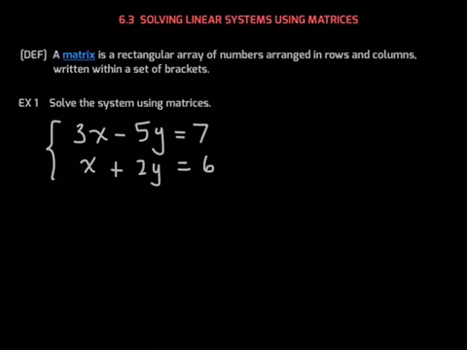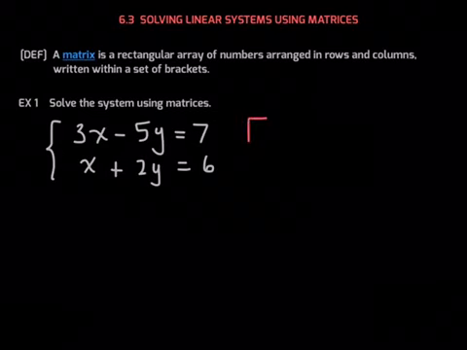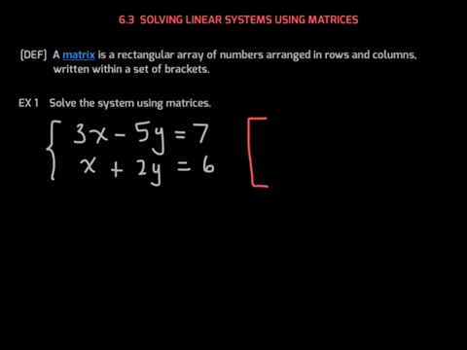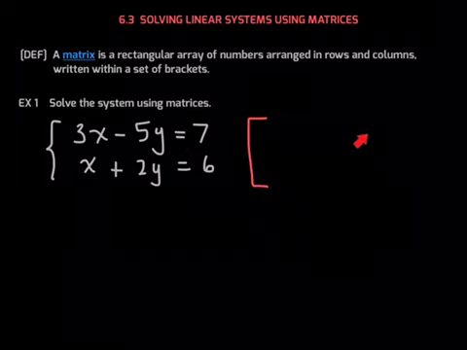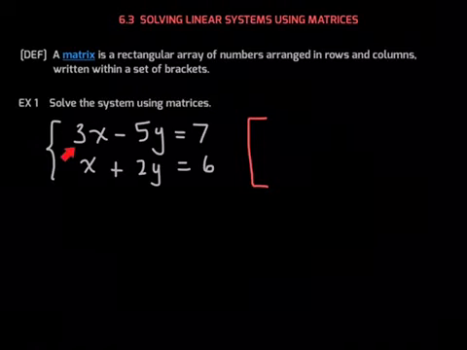So when I rewrite this using a matrix, first of all, I need my brackets, and the first row in my matrix will correspond to the first equation within my system. When I write down my first row, I'm only writing down the coefficients of the first equation. The coefficients are 3, -5, and +7.